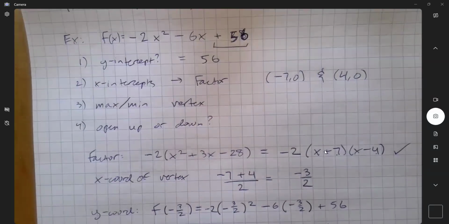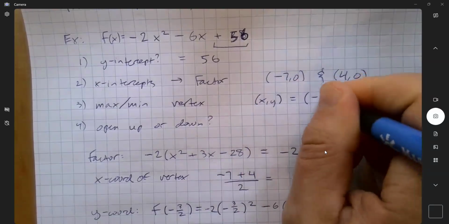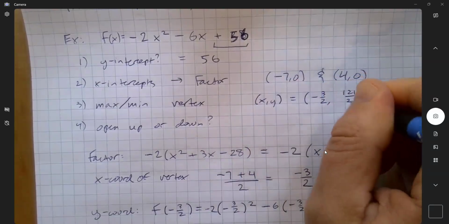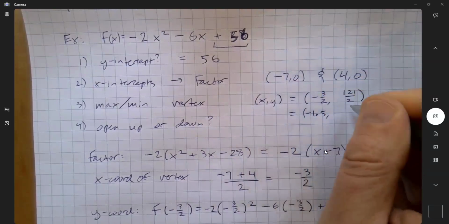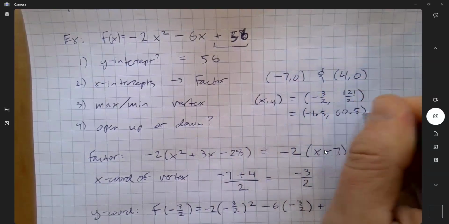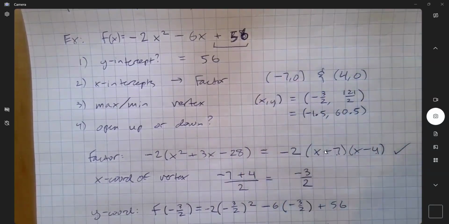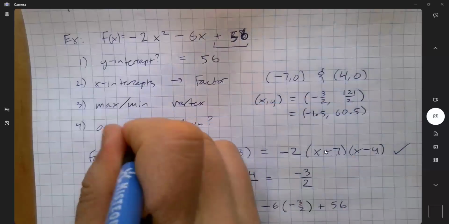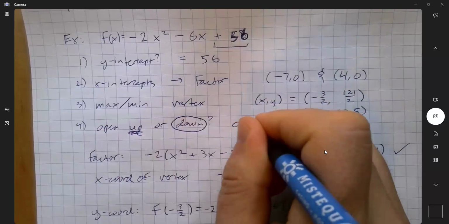So my vertex is x, y equals negative 3 halves, 121 halves. Or if I want to get it as decimals, so I know what I'm looking at, negative 1.5, 60.5. And I know that my function opens down because a is negative 2.